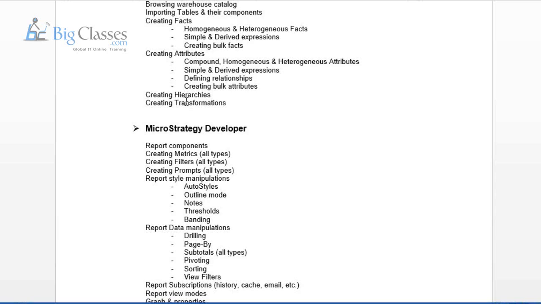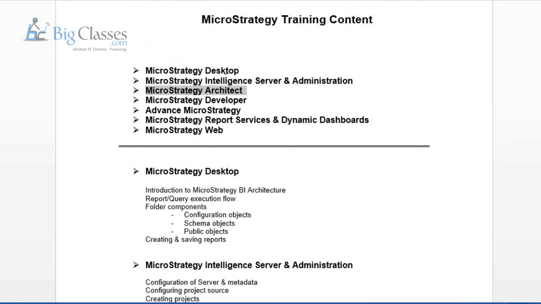In companies, they're saying that from Business Objects they're trying to migrate to MicroStrategy. Yes, there are various migration projects going on, either from BO to MicroStrategy or Cognos to MicroStrategy.